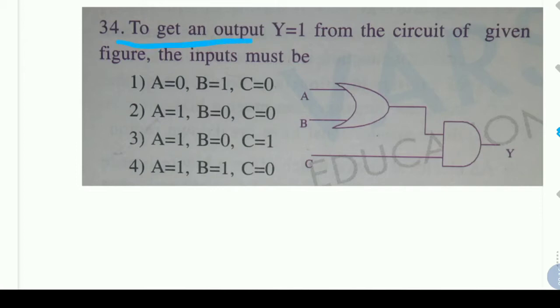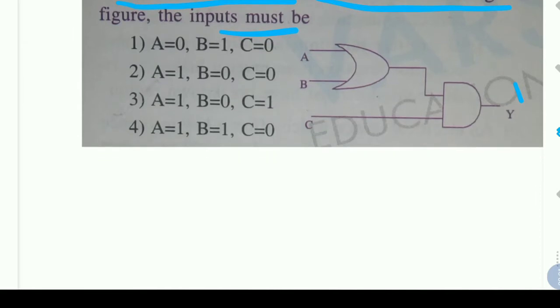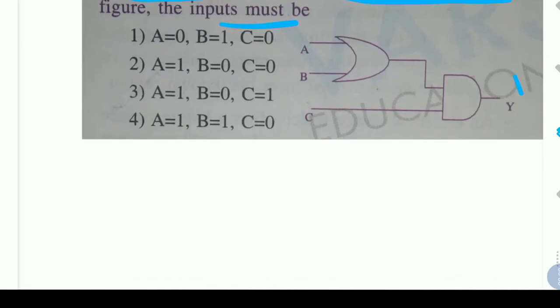To get the output 1 from the circuit of the given figure, the inputs must be? He is asking for output 1, so what inputs are required? Given A is equal to 0, B is equal to 1, from option 1, C is equal to 0. This is an AND gate.